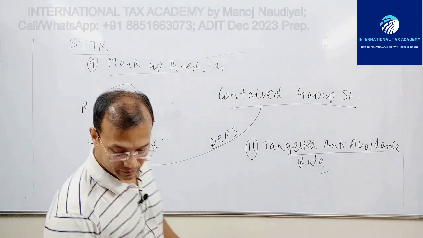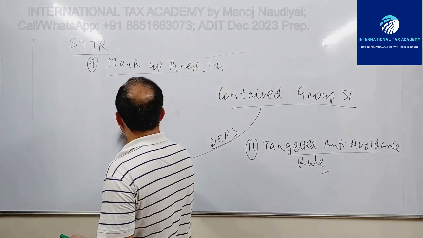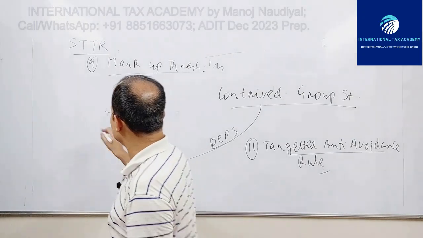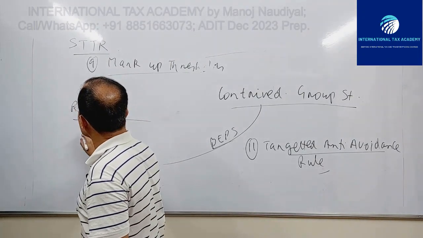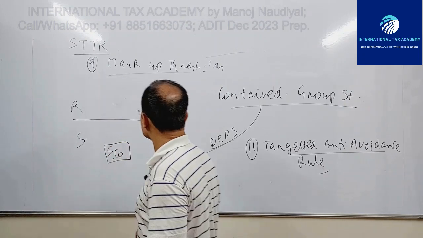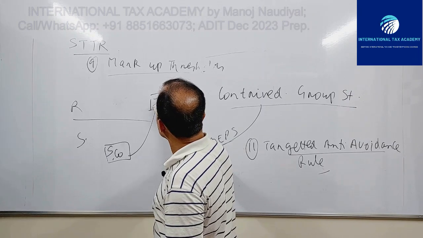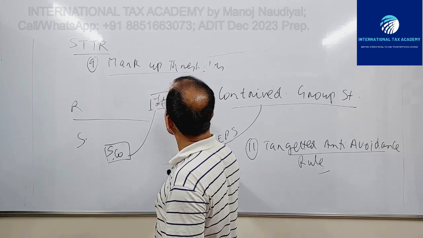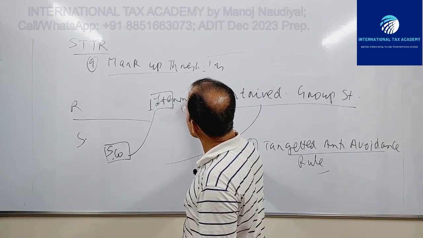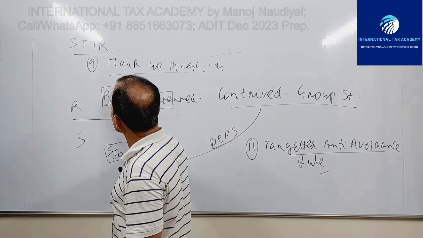Okay, two types of situations are covered here. Like this, you have RS, ESCO, intermediary, and ARCO.